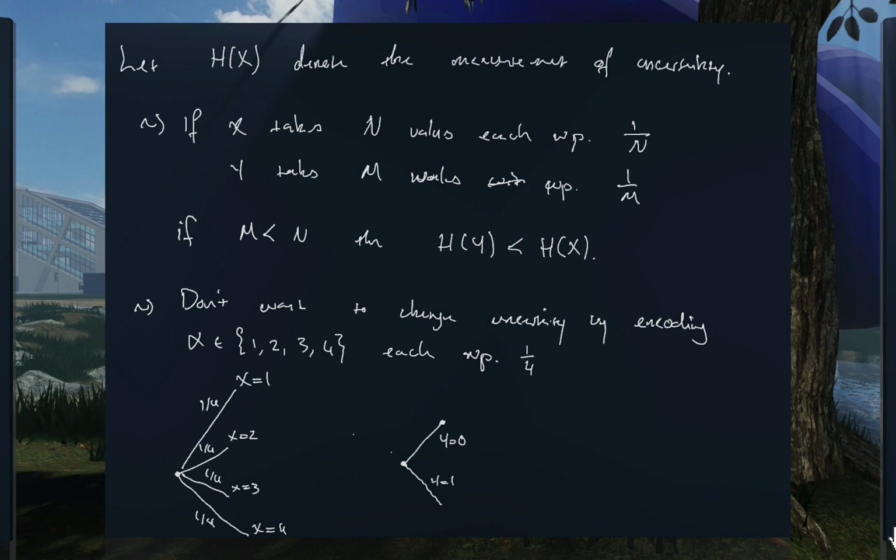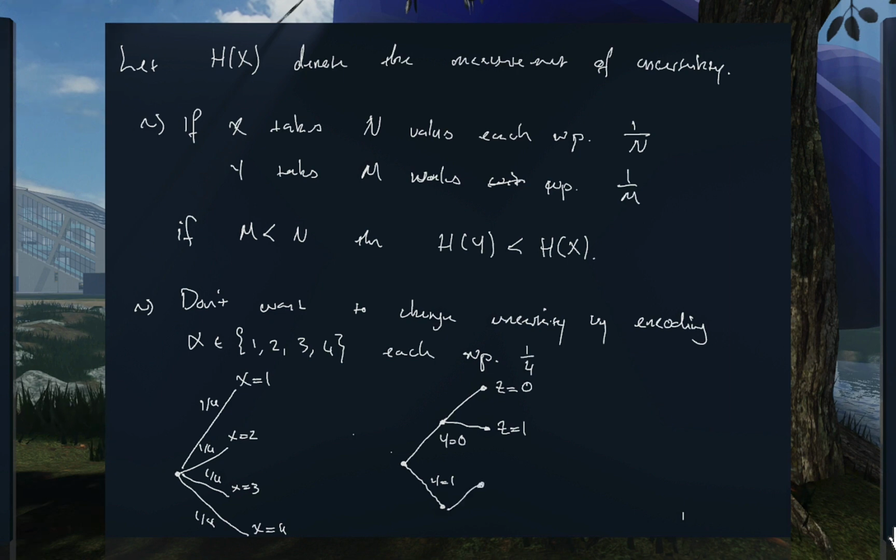And y takes value 1 when x takes values 3 and 4. And then we have another random variable which is conditionally dependent on y. So when y takes value 0, then z takes value 0 when x takes value 1, and z takes value 1 when x takes value 2.